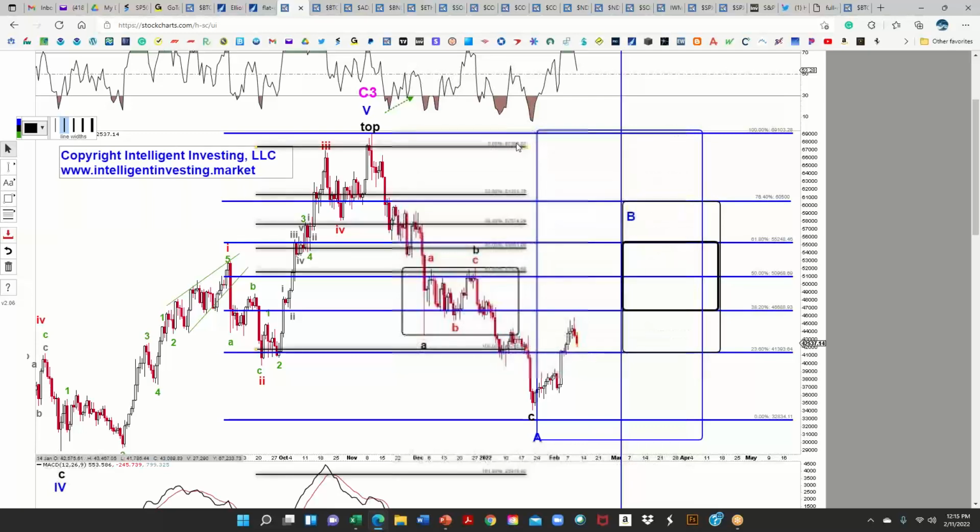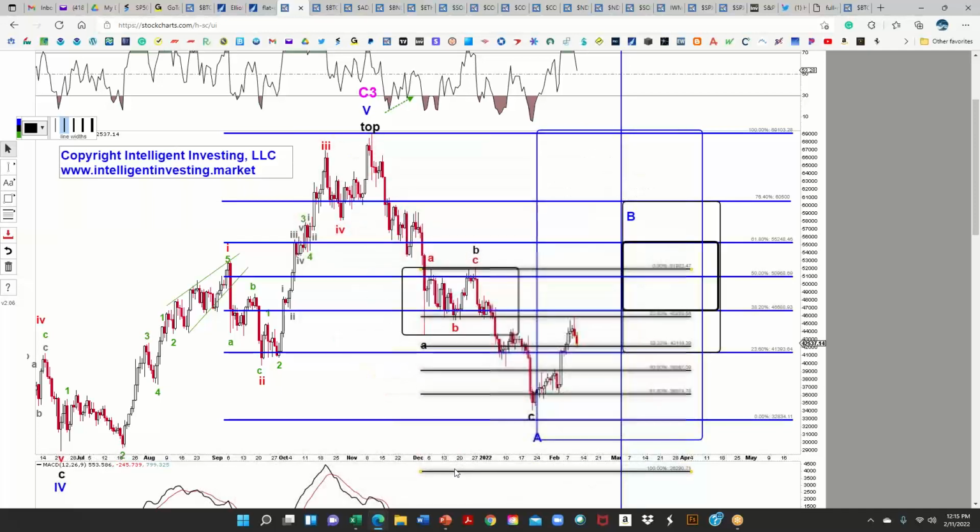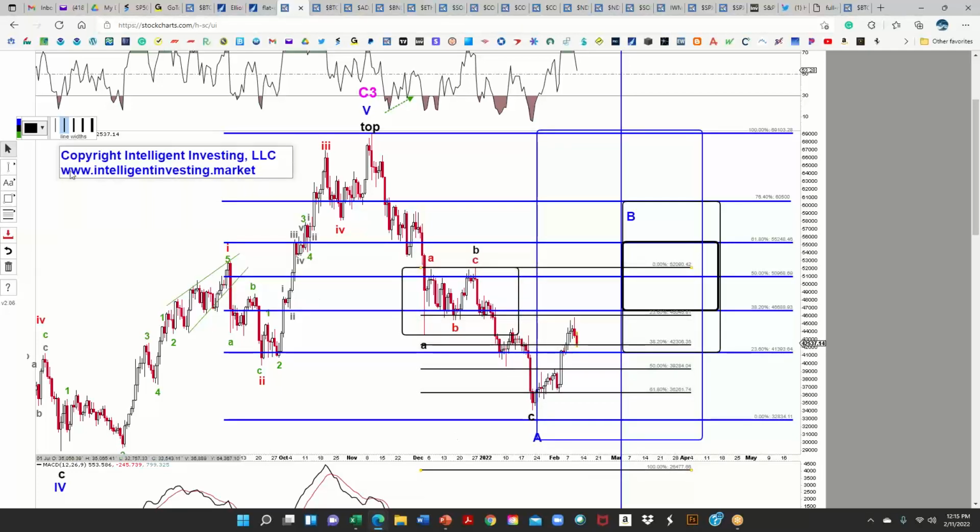Let's have a look here. So this is the length of wave A, 100%, right? You can see it, 100%. So then we're going to start off at the top of wave B and see where wave C ended. Okay, let's have a look. That looks really nice. So there, this is where wave C ended.